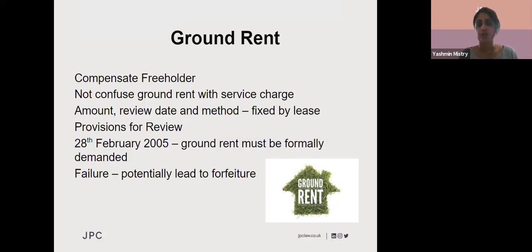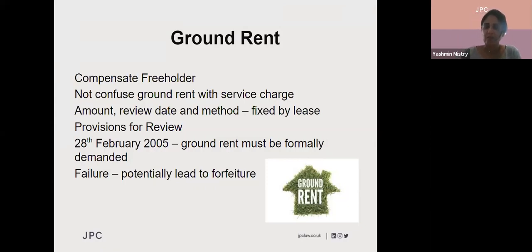Because what you don't want to do for a landlord is let a rent review date pass, because the landlord's going to come after you probably for any ground rents that you've missed as part of the rent review. Now, some of the older leases will say in relation to ground rents that ground rents are payable whether they're formally demanded or not.